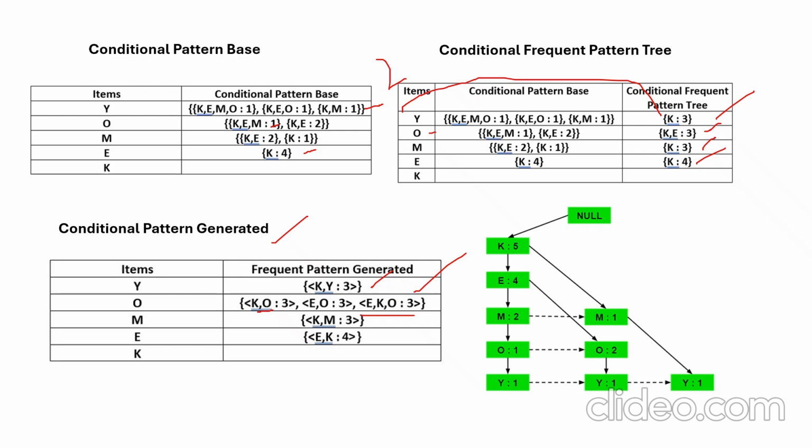Here you don't have M. There is one path that could reach O. There is one path that could reach O. So KE could reach O, and also you have a KE which could reach O. So the support count of O here is 3. That is why E comma K comma O is 3. And now when you come to the E item, K comma E will be 4, where we already have 4.